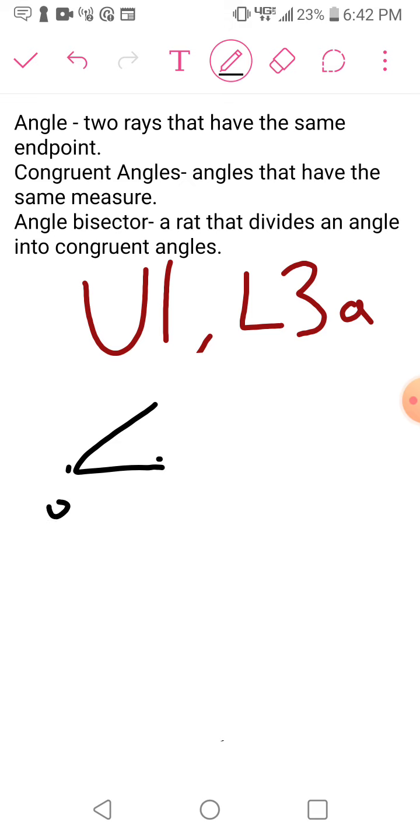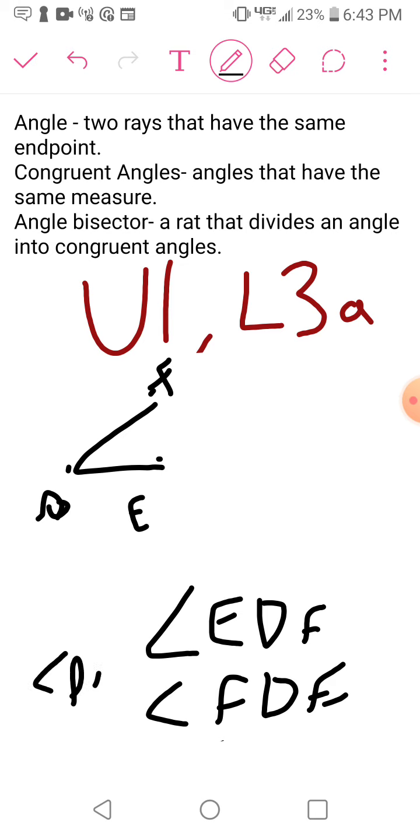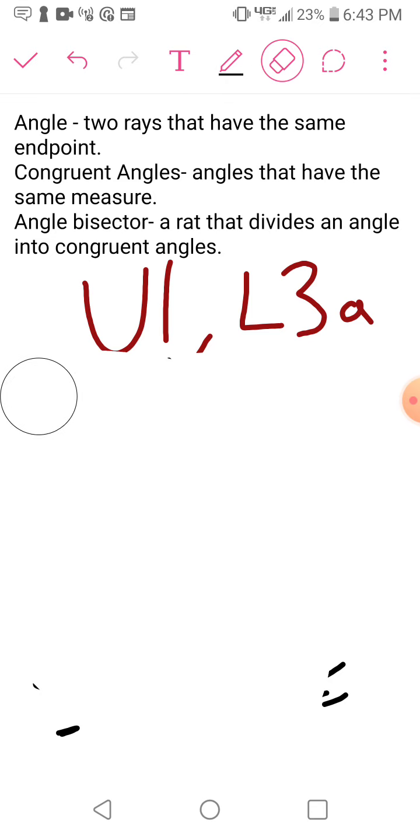So D, E, F. You could also name it angle with all 3 letters, but the only thing is that the vertex letter has to be in the middle of the 3 letters. So you could say angle EDF. You could say FDE, but you couldn't say DEF because D has to be in the middle because it's the vertex in this case. So that's what that is.